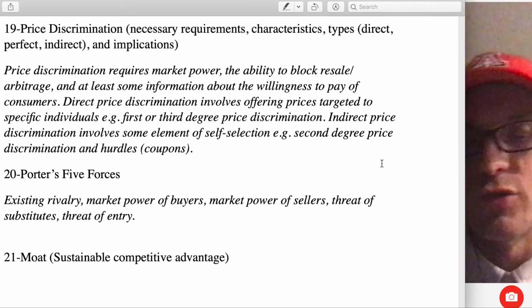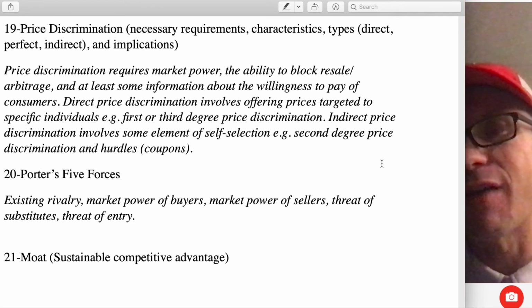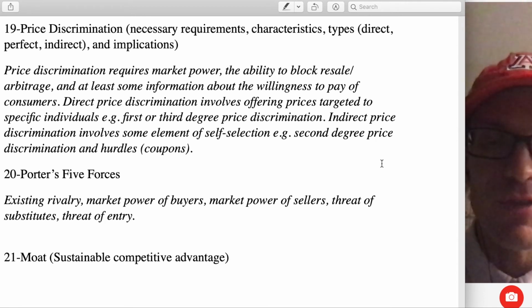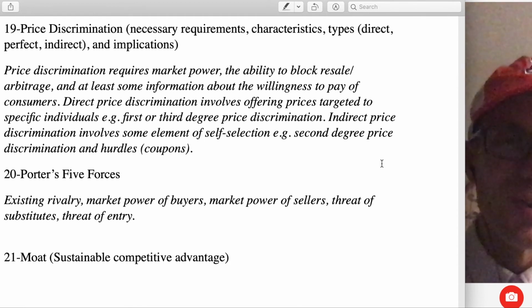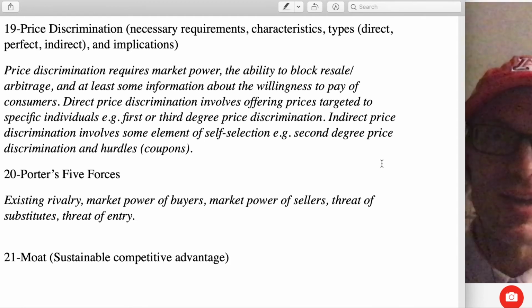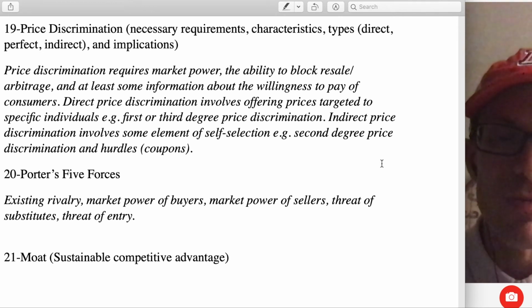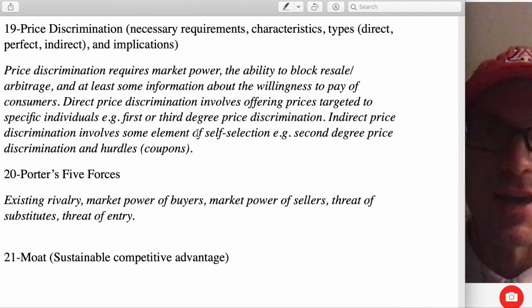So not all resale would be arbitrage, but the type of resale that would be profitable is one that exploits inefficiencies in terms of allocative inefficiency, where the product goes to the wrong person and then somebody decides to rectify this situation by finding the person that actually values it most highly and selling it to them at a premium. That's the arbitrage problem. An example of arbitrage would be if there are different prices in two different markets and you just buy low in one market and sell high in the other market.